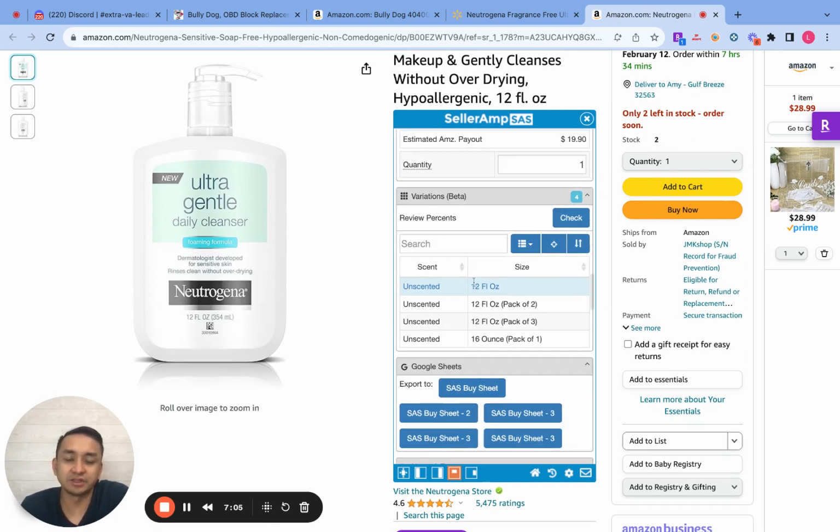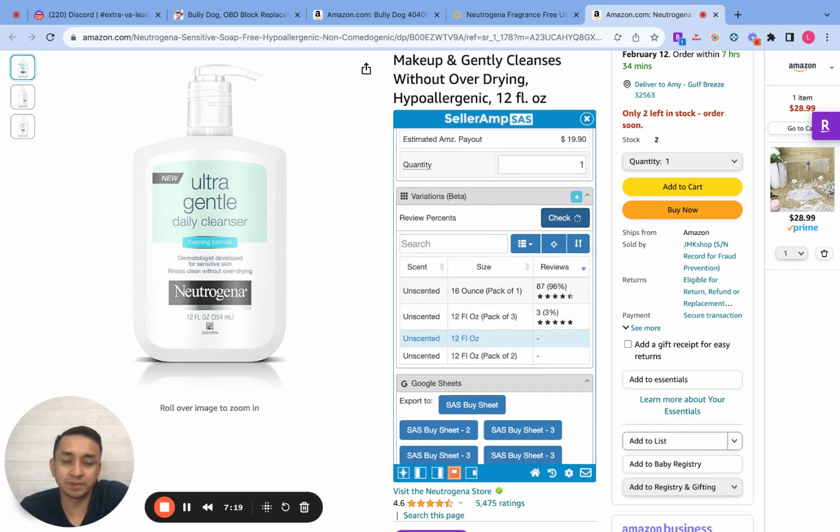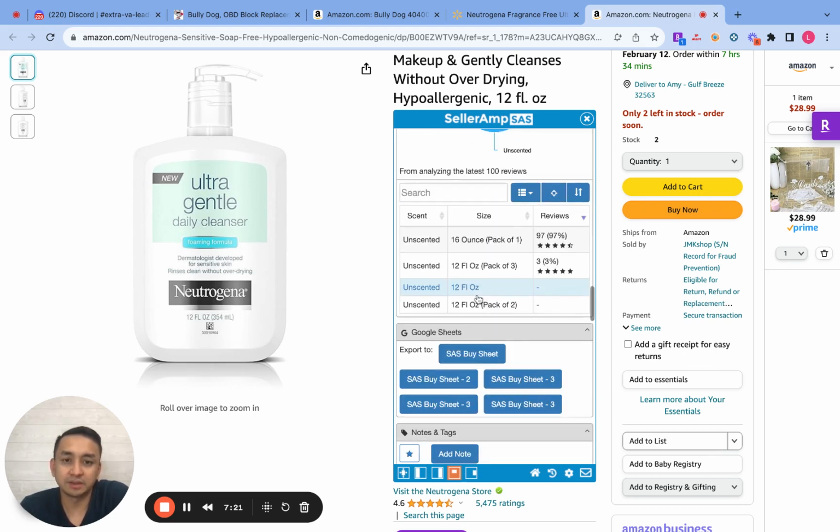The variation is, let's see. So go to variations. It's a variation. So click on scented 12 fluid ounces and check. Man, interesting.